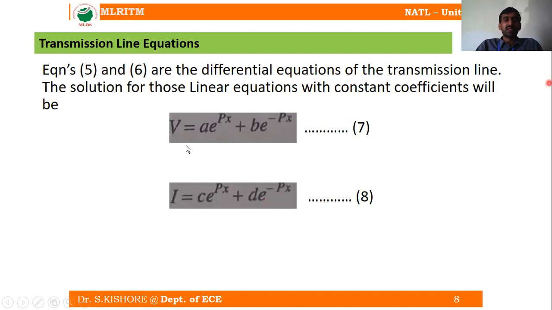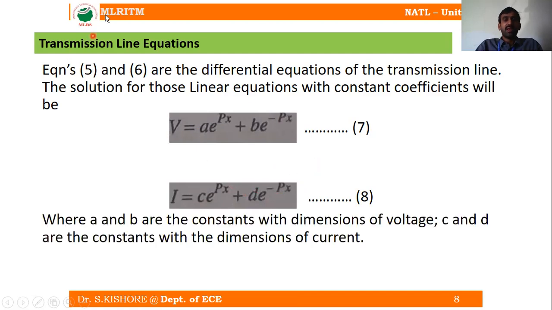Here a, b, c and d are constants. In particular, a and b are constants with the dimensions of voltage, because they belong to the voltage equation, and c and d, from equation number 8, are constants with the dimensions of current.